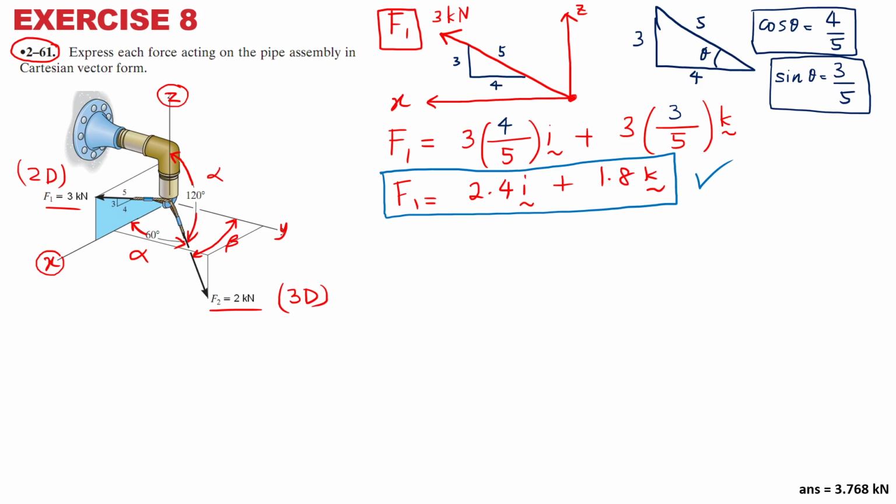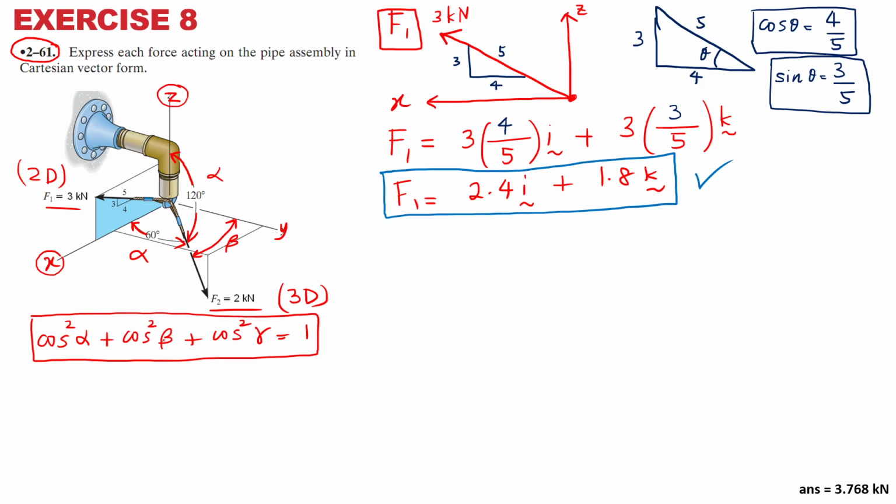So there is only one way to find the beta value. That is to use this identity, which is cos squared alpha plus cos squared beta plus cos squared gamma is equivalent to 1. You have to use this identity. Where does this come from? This comes from your rectangular coordinate system. This formula is valid for rectangular.